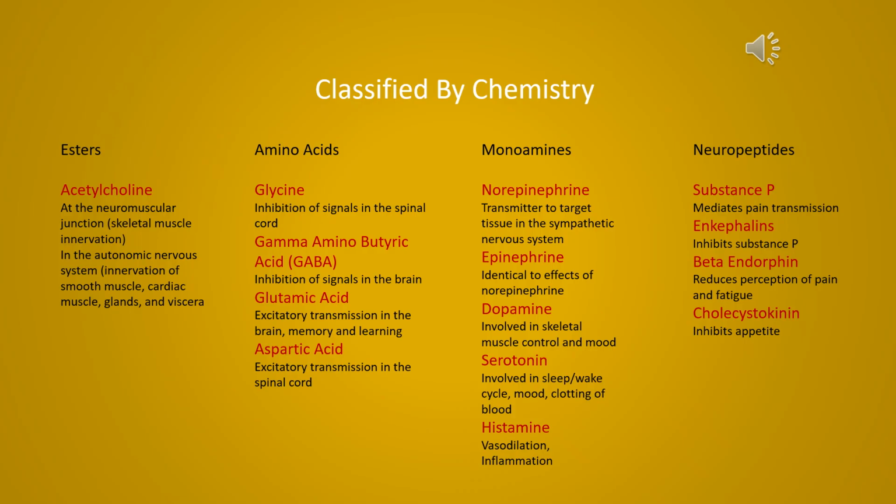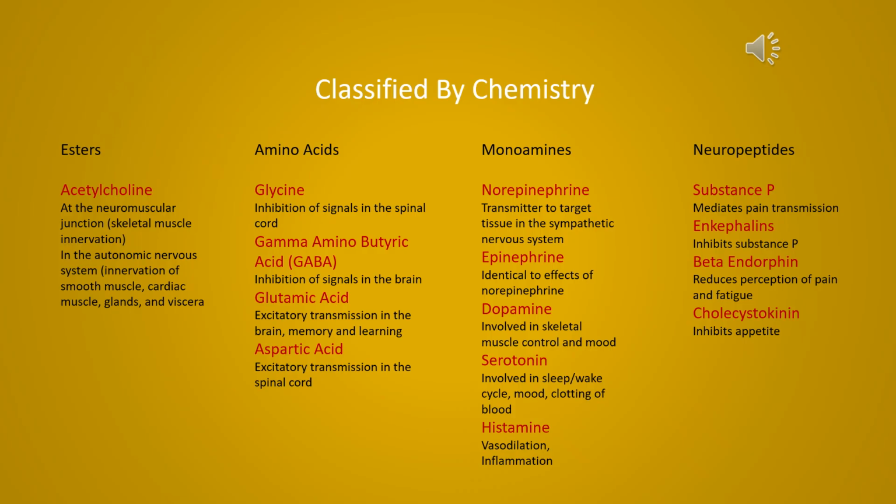So the monoamines norepinephrine, epinephrine, and dopamine, those three are made from the amino acid tyrosine. So all three of those are called together catecholamines. They are synthesized from the amino acid tyrosine. In the case of serotonin, serotonin is made from the amino acid tryptophan, which is the same amino acid from which we make the hormone melatonin.